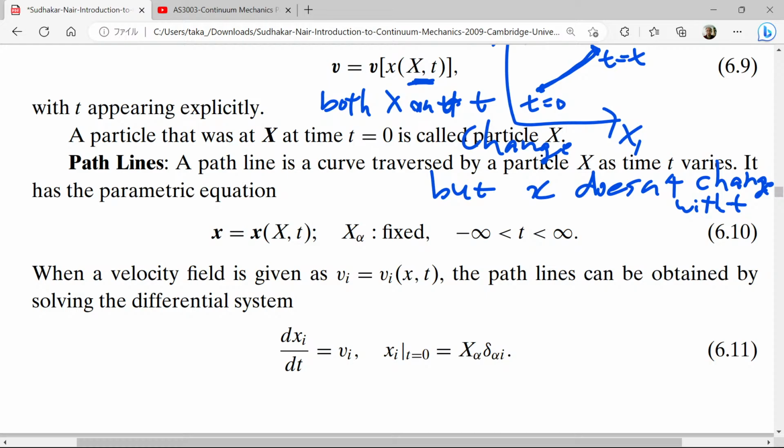dxi/dt equals vi, with xi at t equals 0 being x alpha delta alpha i. Does it make sense?